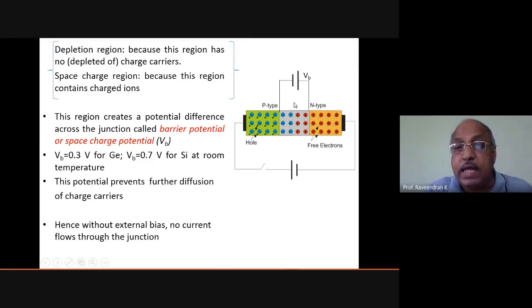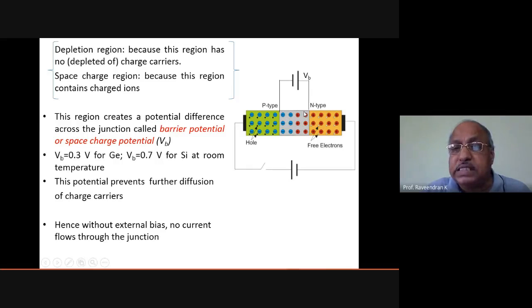That is shown here. Actually, there are no connections done like this, but this is a symbolic representation of the space charge that appears as an electric field with a voltage VB that will always be opposite to the applied field. See here, this is the applied field with the positive voltage applied when this switch is closed. The P-type is connected to the positive side, and the N-type is connected to the negative side of the source of EMF.